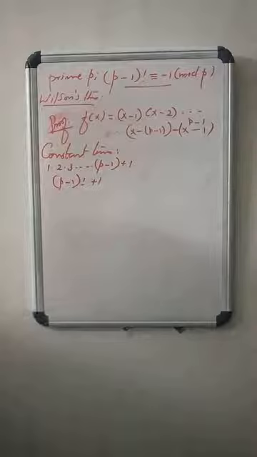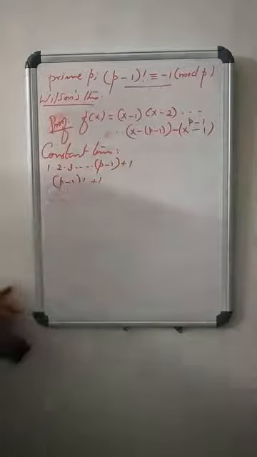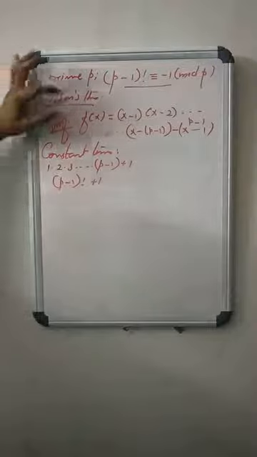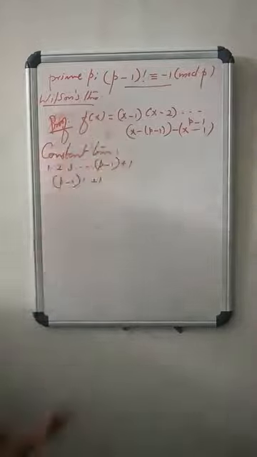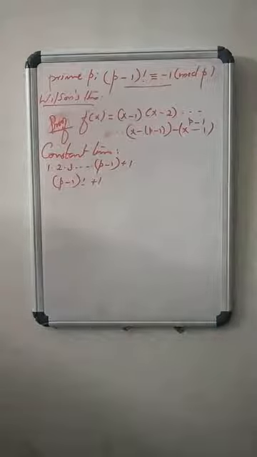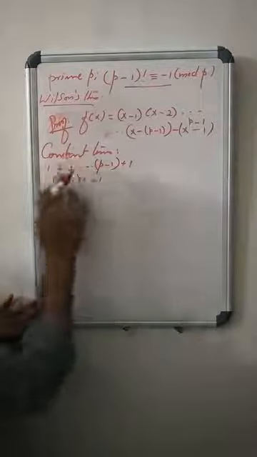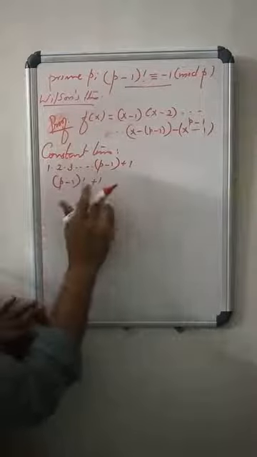But what is the previous theorem? According to the previous theorem, for any prime p and the polynomial f(x) = (x-1)(x-2)...(x-(p-1)) - x^(p-1) + 1, all of its coefficients are divisible by p. Here the constant term is (p-1)! + 1.